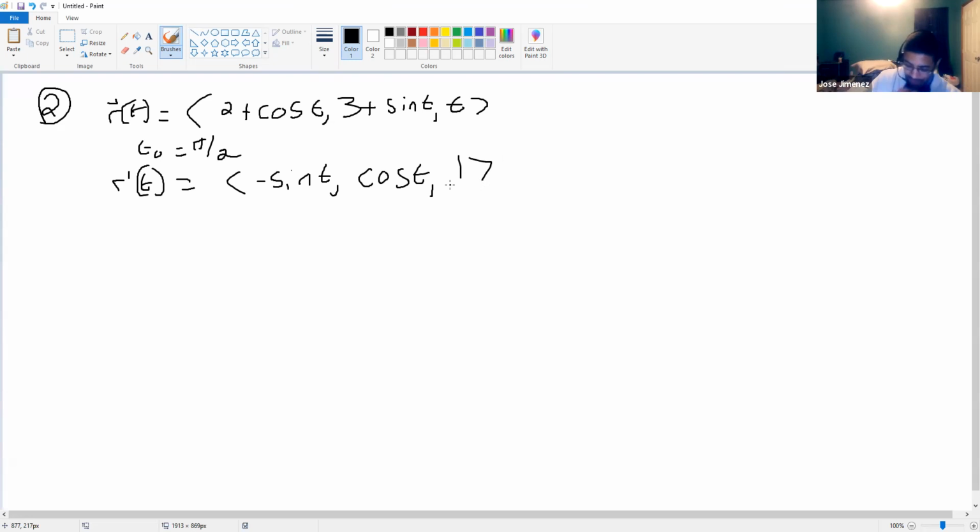Now, once we do that, the next thing we're going to do is evaluate the tangent vector at our specific point. The last time our point was 0. This time our point is going to be pi over 2. So we're going to say r prime of t, I keep doing it, sorry guys, r prime of t is going to be r prime of pi over 2.